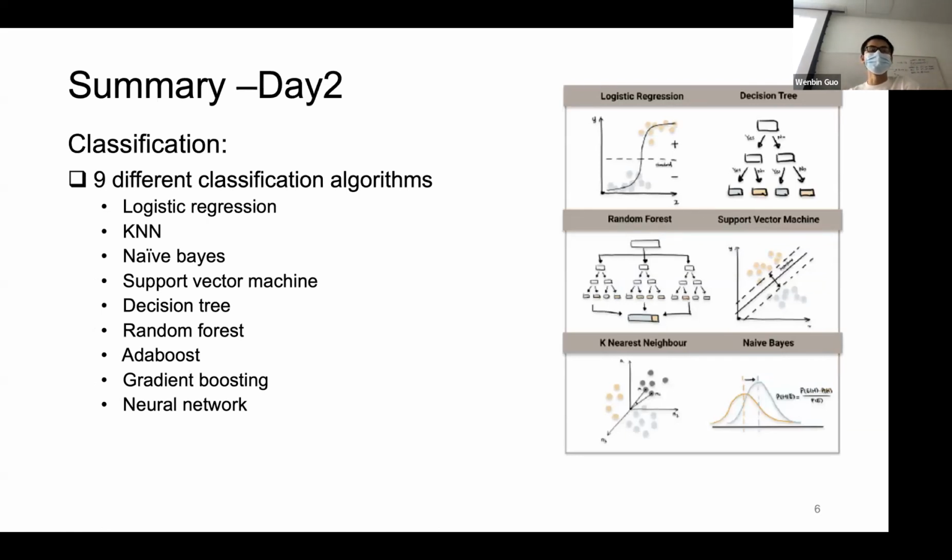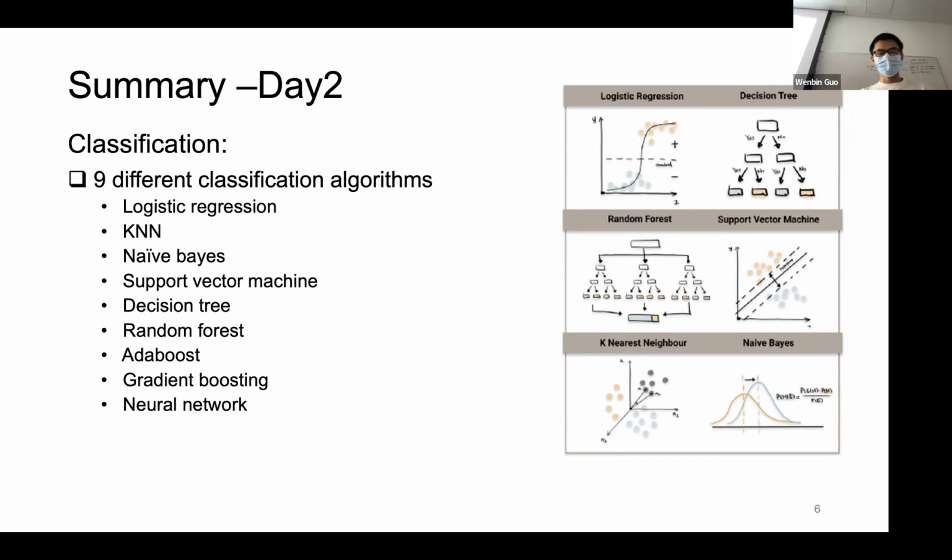We have talked about 9 different classification algorithms: logistic regression, a really simple linear classifier, and KNN, which is very intuitive, where we just calculate the distance between a new instance and all the examples, and then get a majority vote on what class this instance should be. Then naive Bayes, support vector machine, some tree-based methods, decision tree, and also the bagging version, random forest.